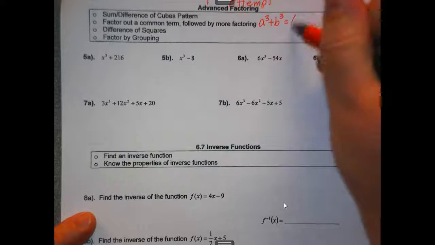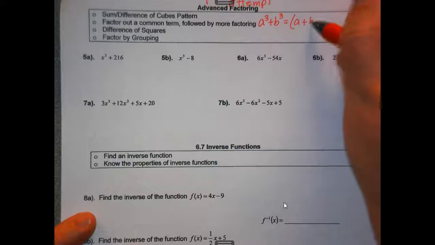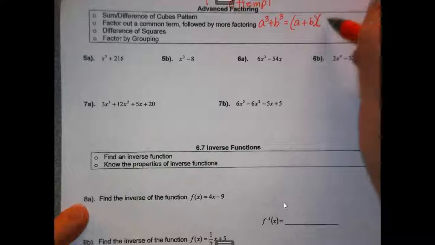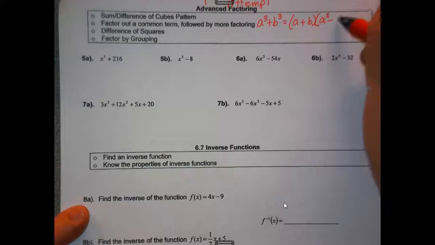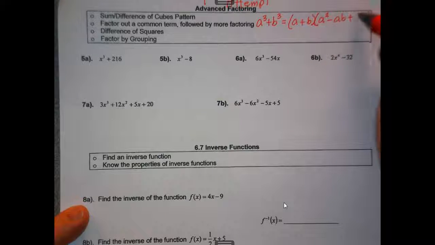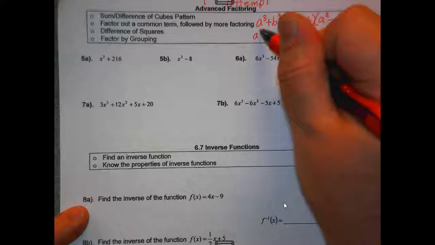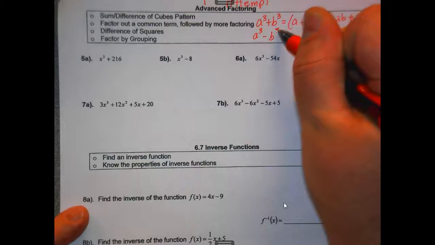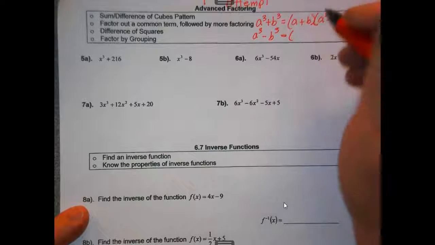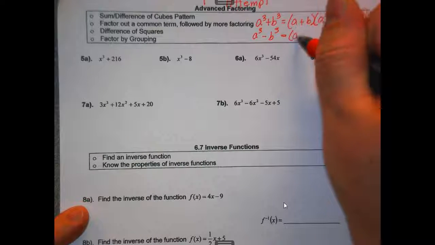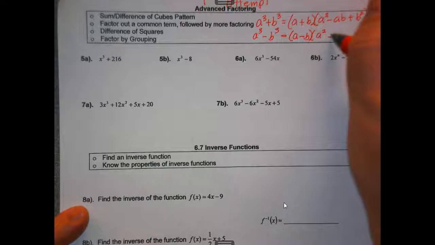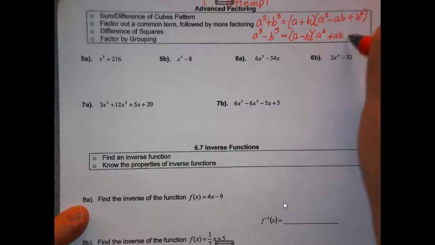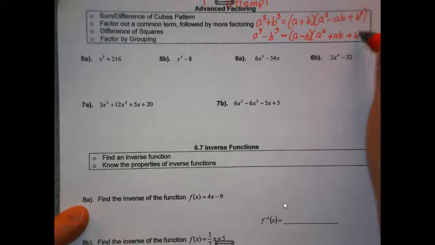It's going to equal a plus b times a squared minus ab plus b squared. And then a cubed minus b cubed is going to equal a minus b times a squared plus ab plus b squared.